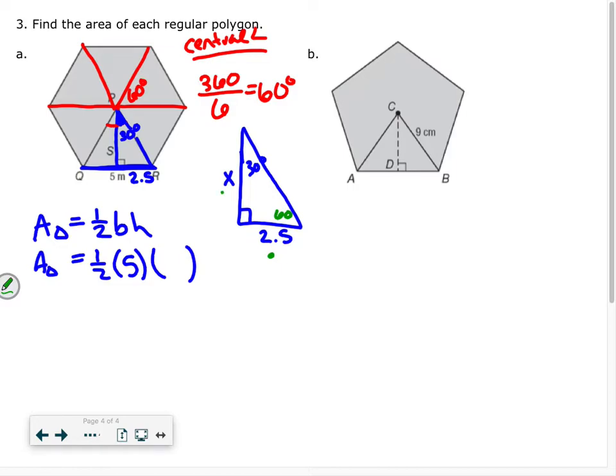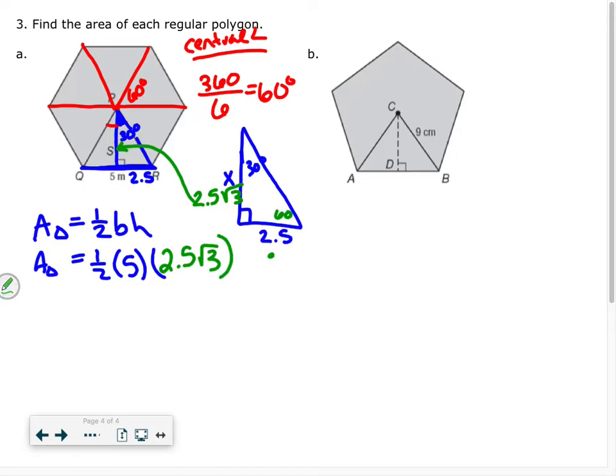This is going to be our short side times square root of 3. Now, if you didn't like that, you could use trig. So this right here is our height. Now what we can do is substitute that height in for the height of our triangle.